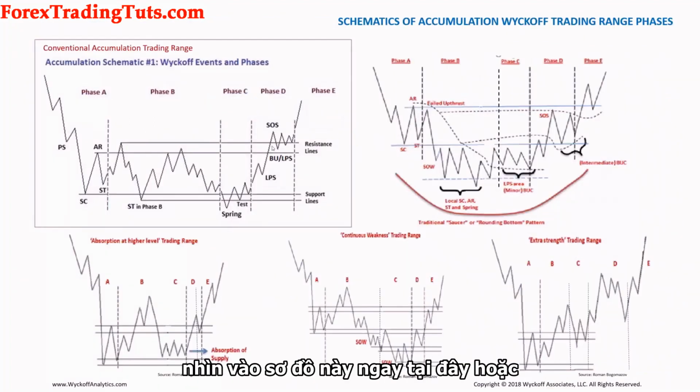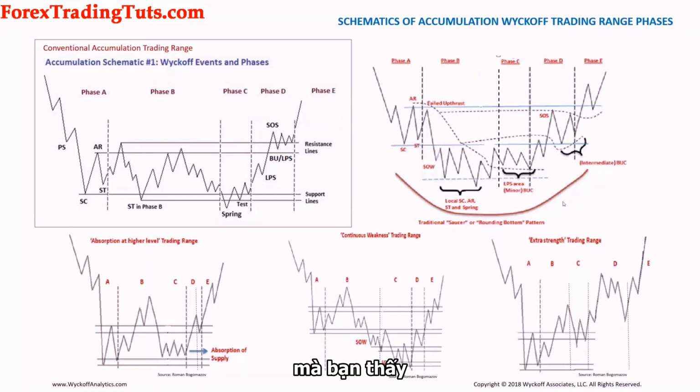And then also look into this schematic right here, or schematics rather, and print those out as well, and try to identify as you go through the homework what kind of range you have there. Is there extra strength or extra weakness? Is there some kind of specific formation that you see in your homework? And that would be the best.